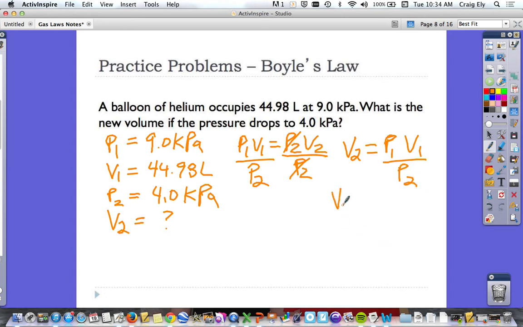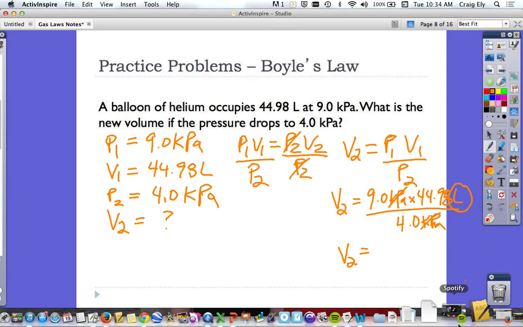So my ending volume is going to be 9.0 kilopascals times 44.98 liters, divided by 4.0 kilopascals. My kilopascals cancel out, so I know that I have to have liters as my unit of measurement.